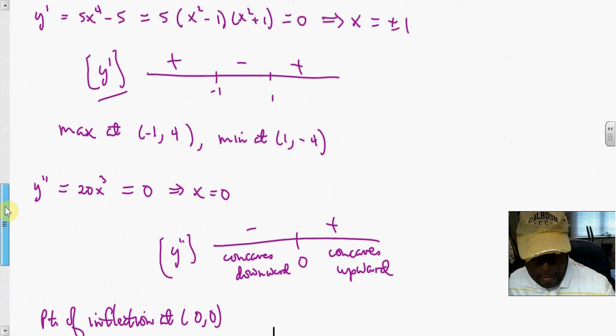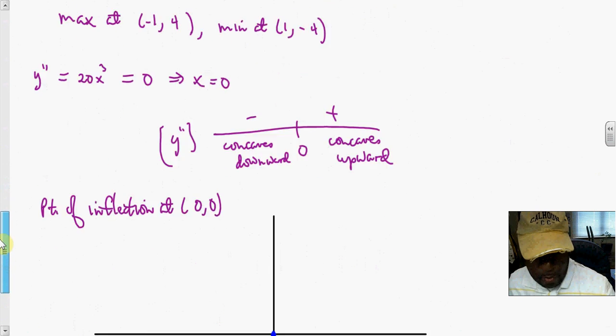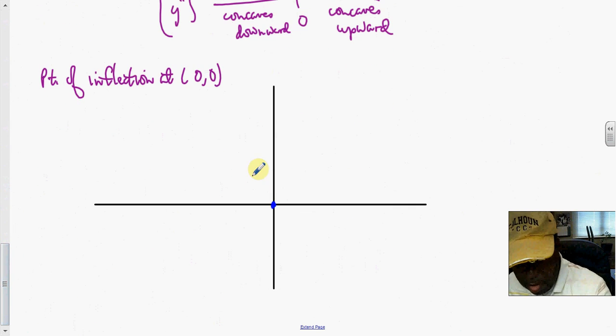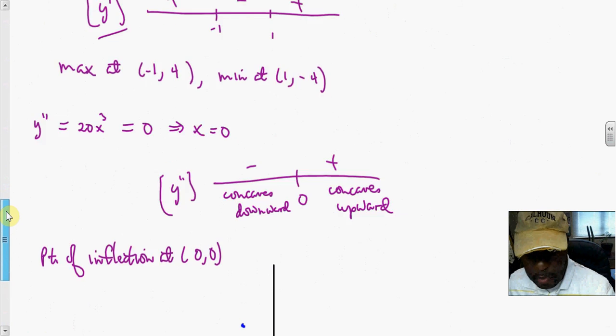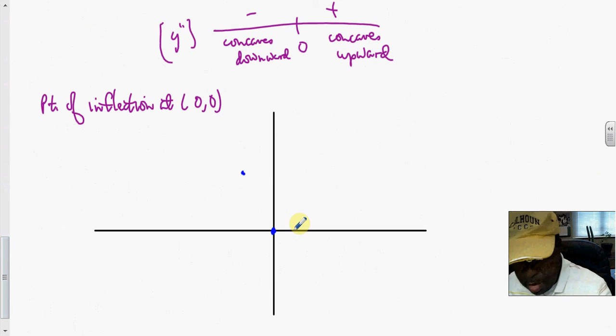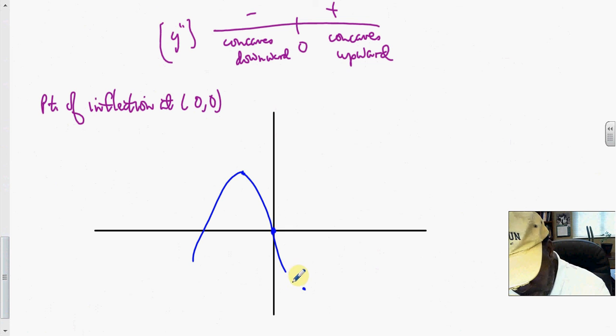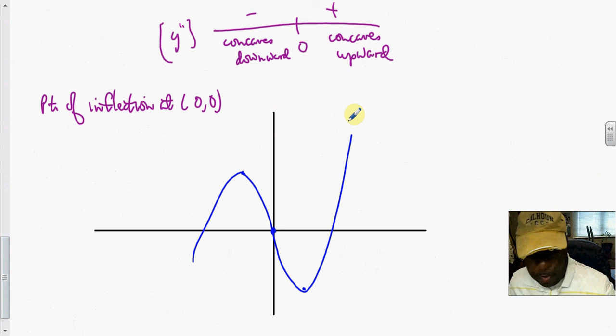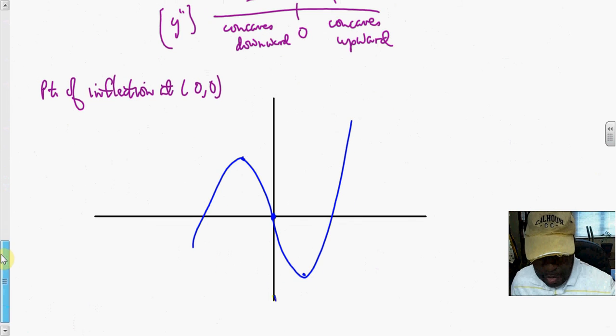We have a maximum at negative 1, 4. Let's say it's here. And then we have a minimum at 1, negative 4. There. So here's what it's doing. It's doing that. Let's see if the concavity is true.